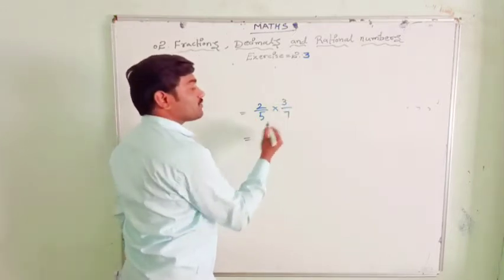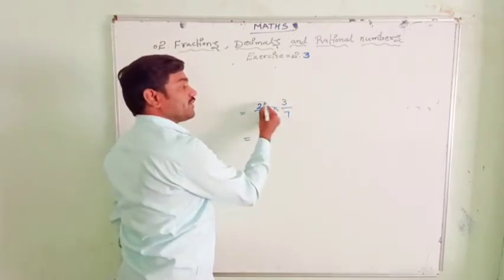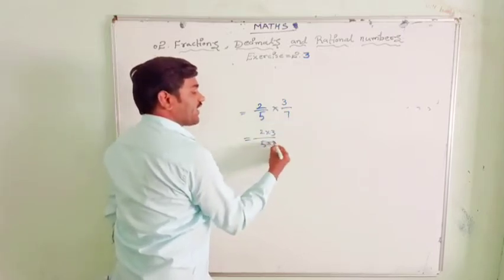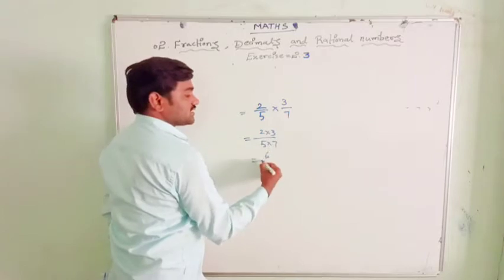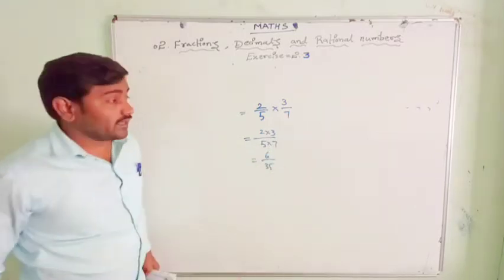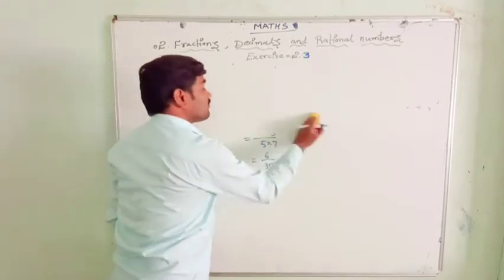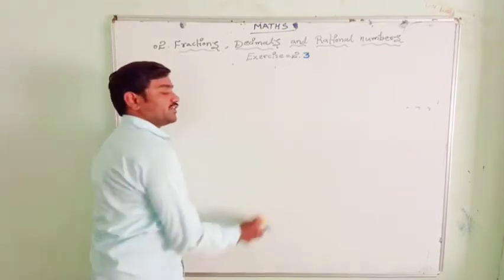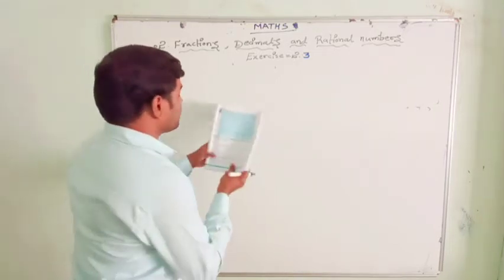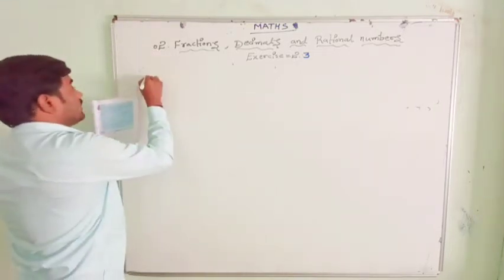How to multiply these two fractions? We multiply the numerators, 2 into 3. Then we multiply the denominators, 5 into 7. 2 threes are 6, 5 sevens are 35. This will be the answer. In the same way, the product of two fractions is equal to the product of numerators by the product of denominators. You need to observe this very clearly.